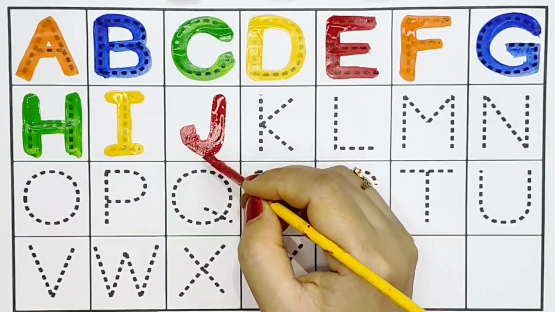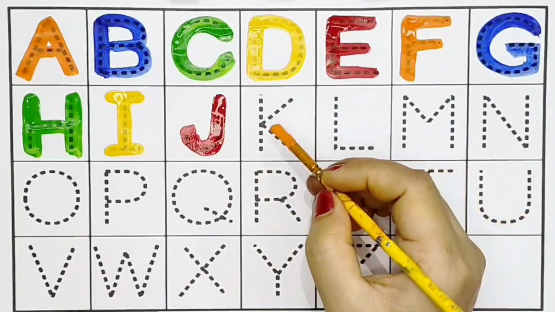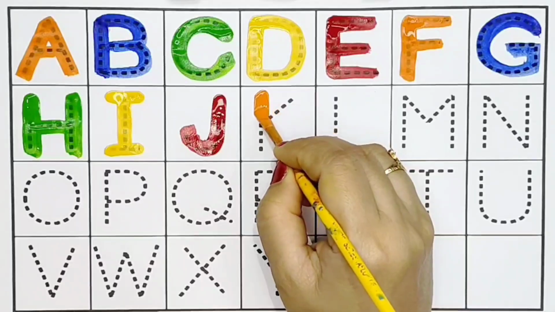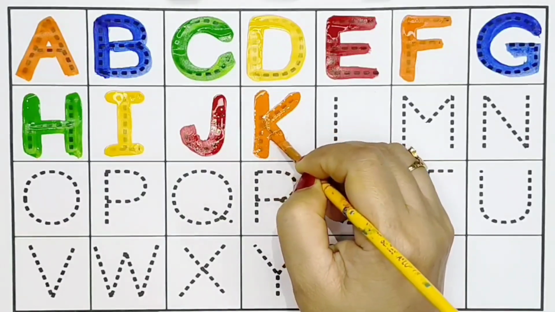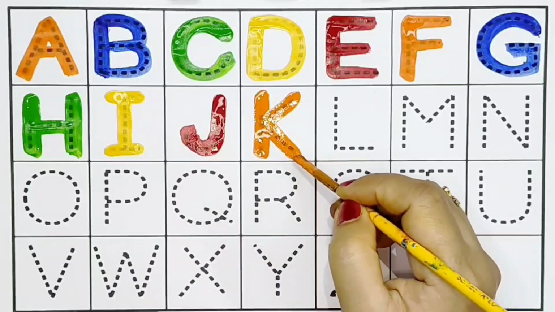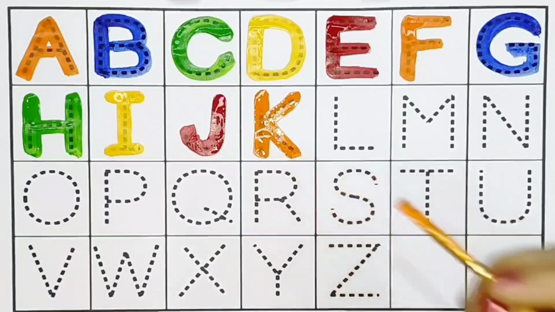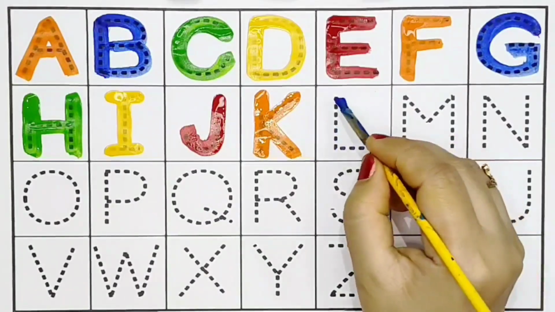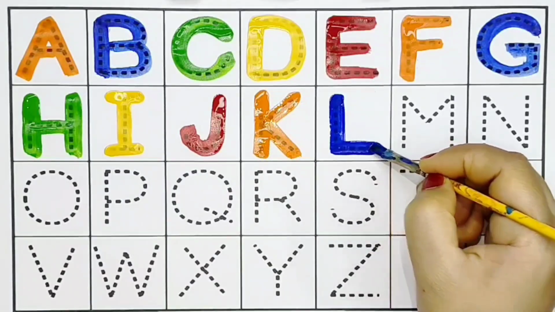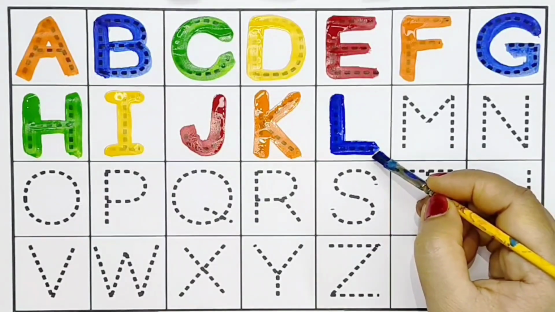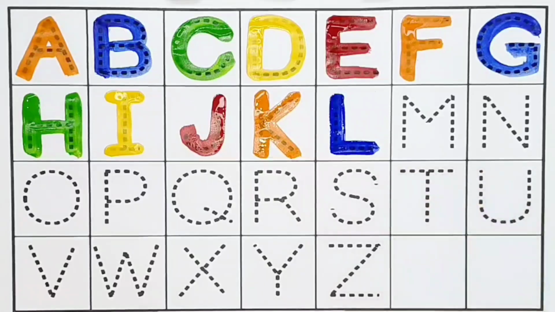J for joker. Orange color. K for kiwi. Blue color. L for lion.